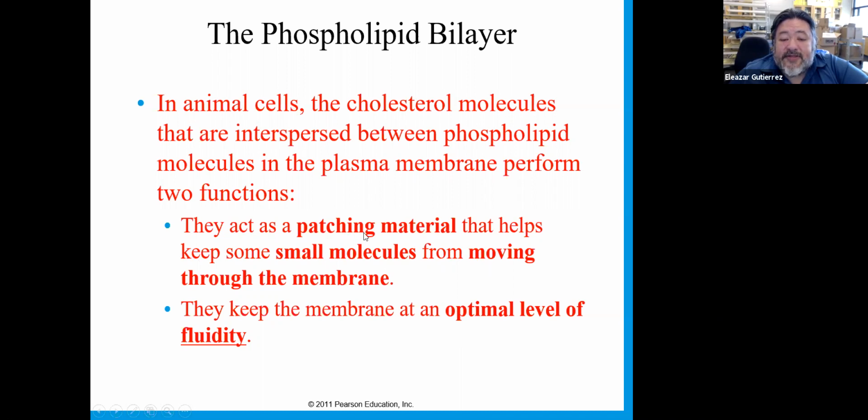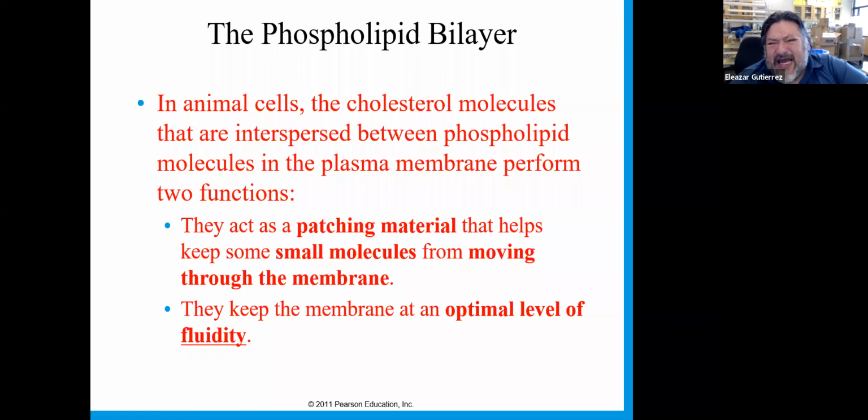Then we're talking about cholesterol here. In animal cells, the cholesterol molecules are interspersed between phospholipids, and in the plasma membrane they perform two functions. We've already covered them. They act as patching material that keeps some small molecules from moving through the membrane.